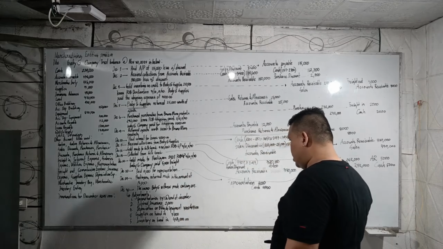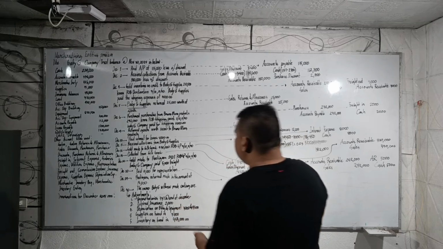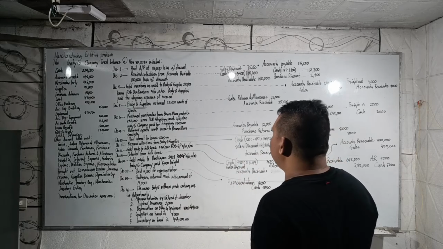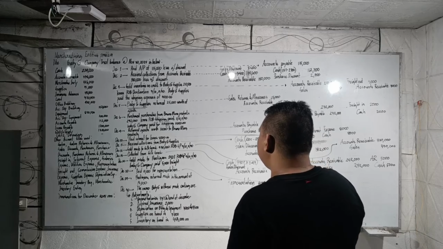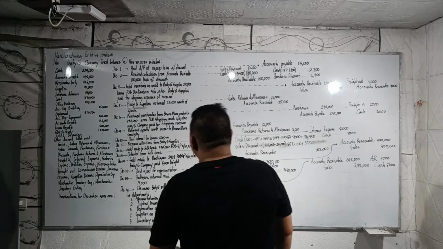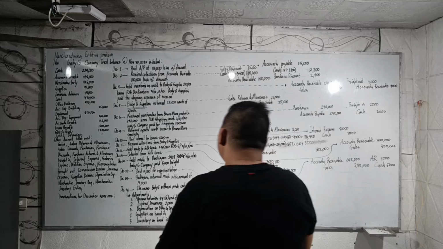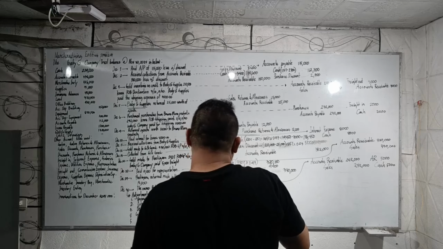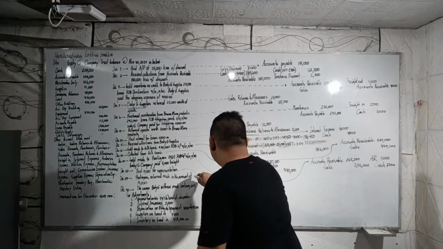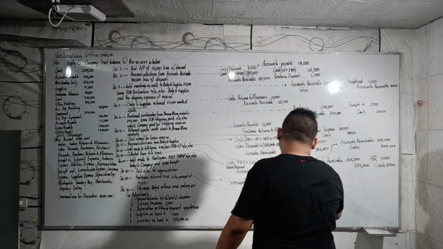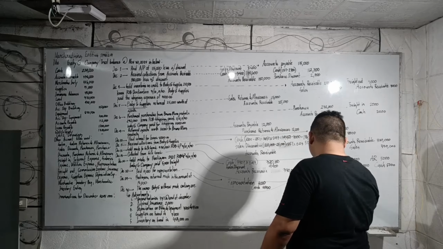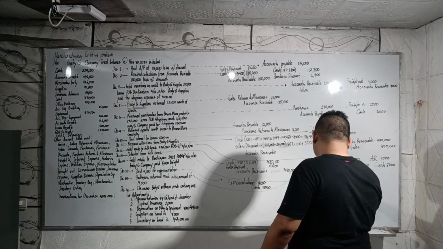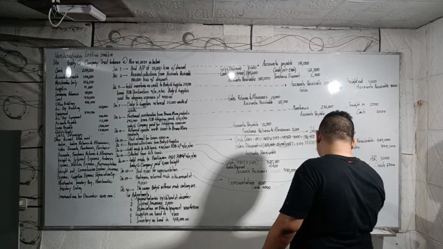Let's go to December 29. Hooligans returned merchandise in the amount of 18,000. So, 10 days later, Hooligans returned the merchandise worth 18,000. So, what will happen? You have to record sales returns and allowances.